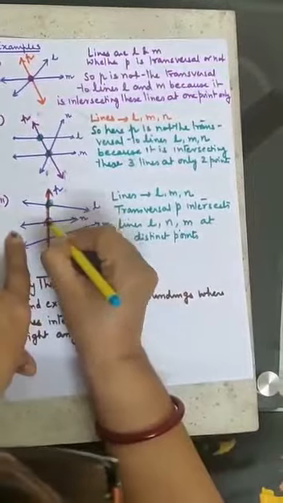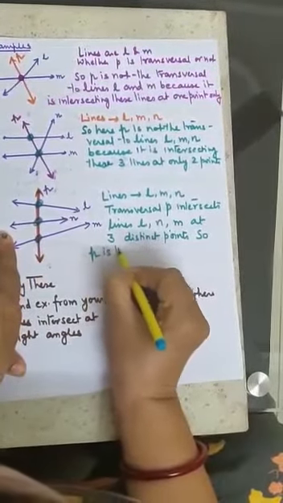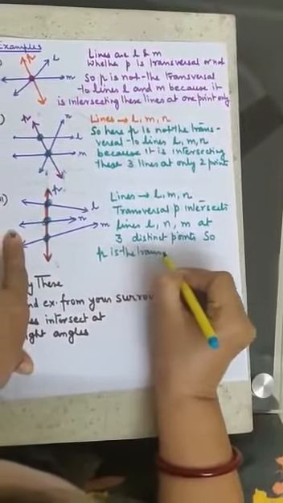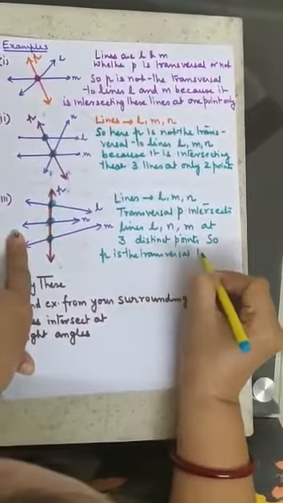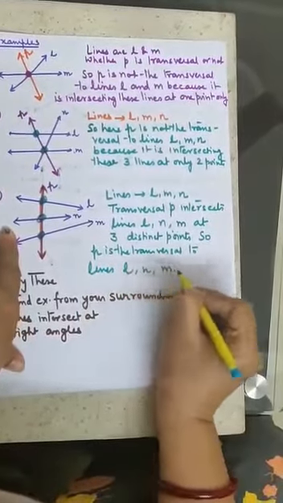This point and this point. So P is the transversal to lines L, N and M.